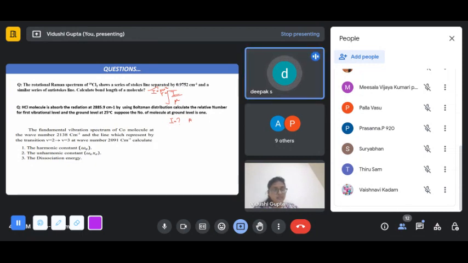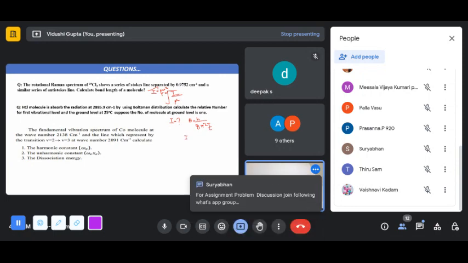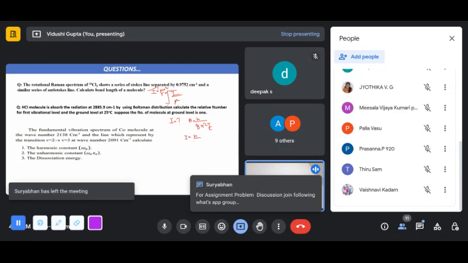I think h by 8 pi square BC. Correct. We know that B is equal to h upon 8 pi square IC. So from that we can calculate I. I will be h upon 8 pi square BC.